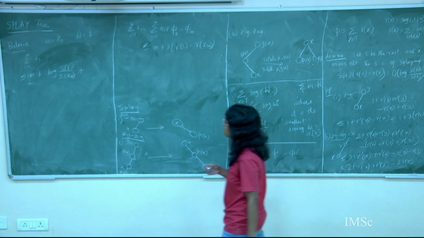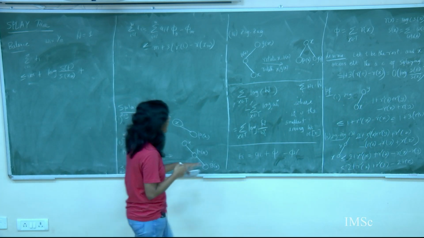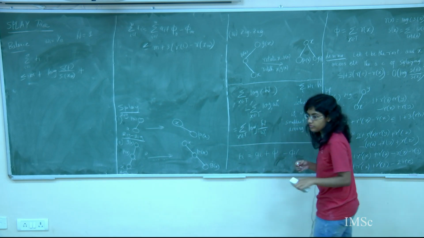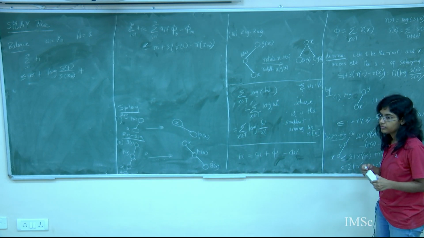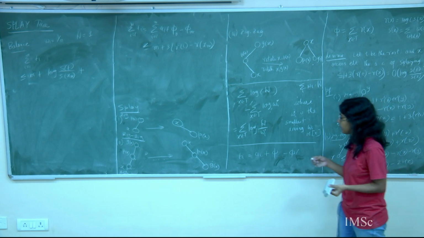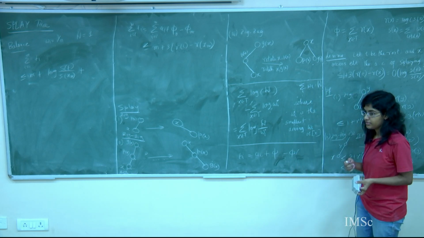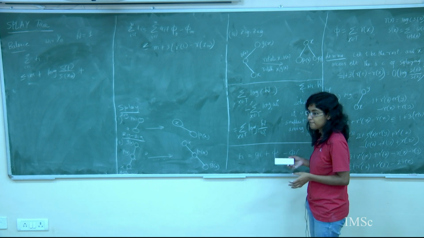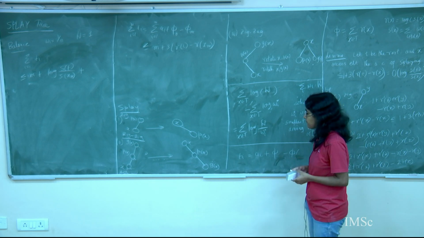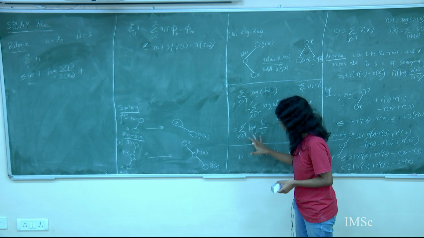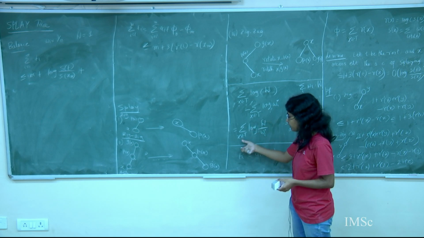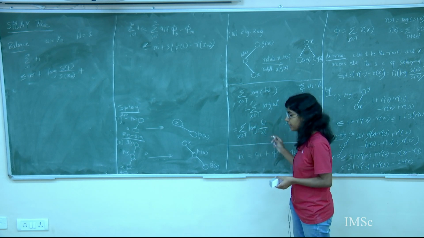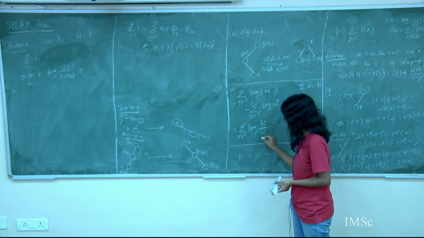So what can this value be at most? Log n. This can be log n at most. You are summing over all the nodes, so this can be n log n, right?